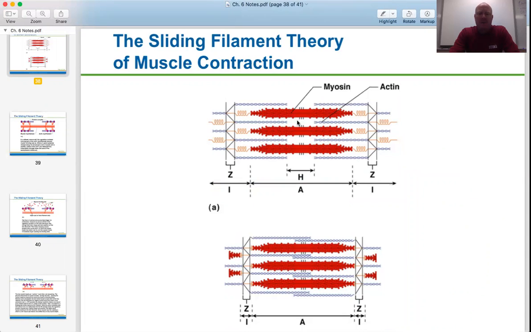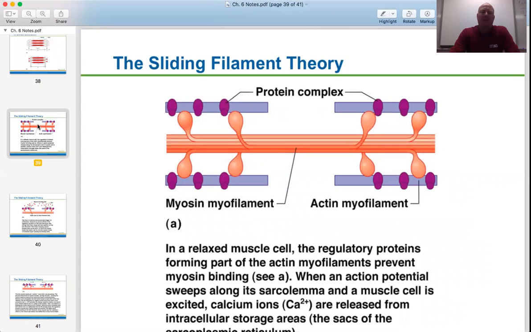In a relaxed muscle, you can see there's no contact between the myosin and the actin. When an action potential is made within the muscle cell, calcium rushes in from the sarcoplasmic reticulum to the sarcolemma. Calcium attaches to this purple thing right here, and here they just call it a protein complex.